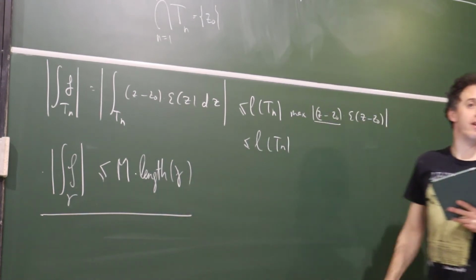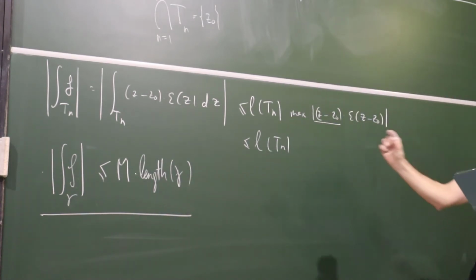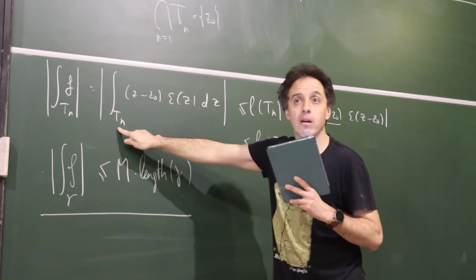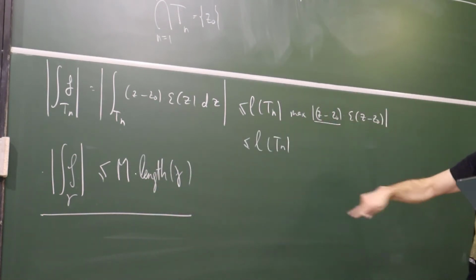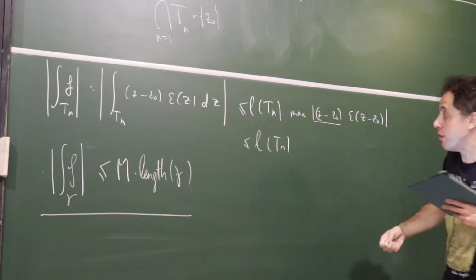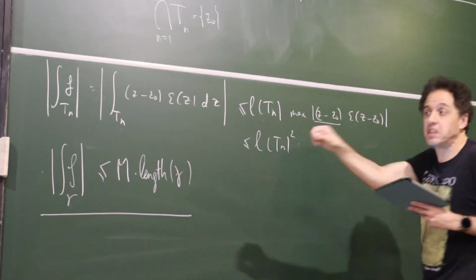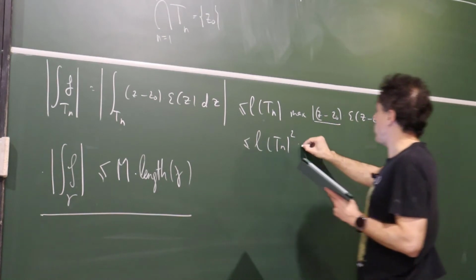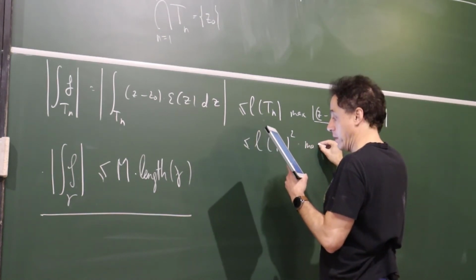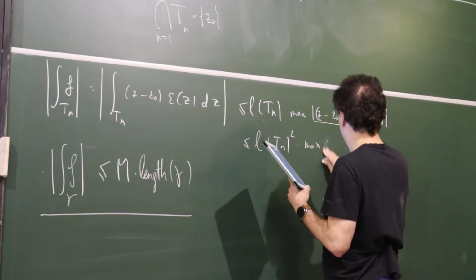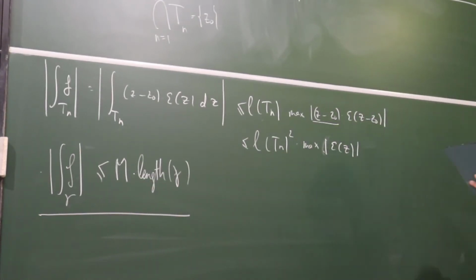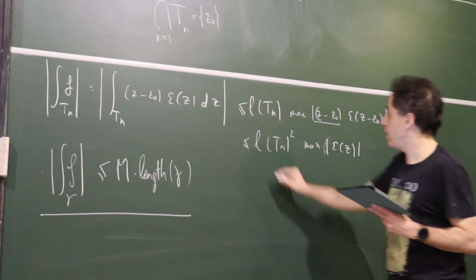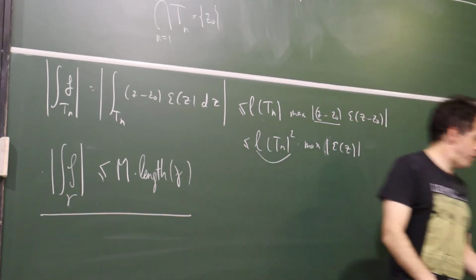We are in a small triangle Tn, so this number here in modulus is also smaller than this length, of course, the segment containing the triangle. For the maximum of the modulus of epsilon z, something like this.